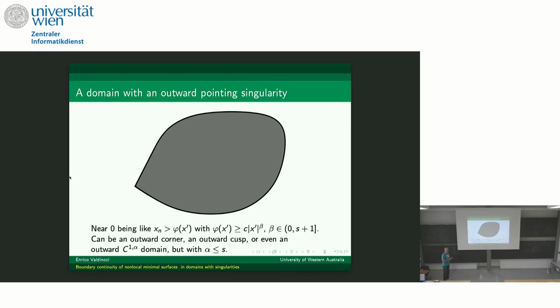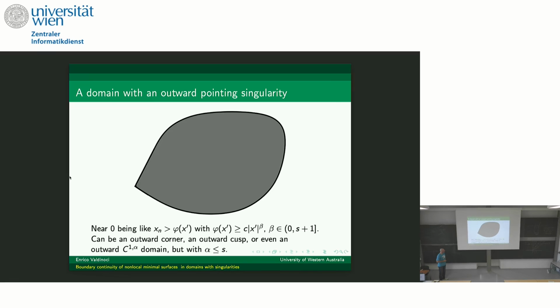Beta smaller than 1 would correspond to a cusp. Beta larger than 1 says that you are still differentiable, but you are singular with respect to the scale of the problem. The singularity occurs for me when beta is less than s plus 1, which is somehow the order of the operator acting at the corner.